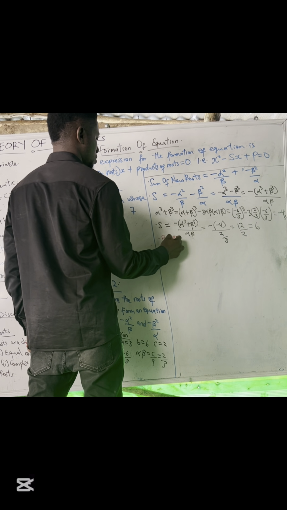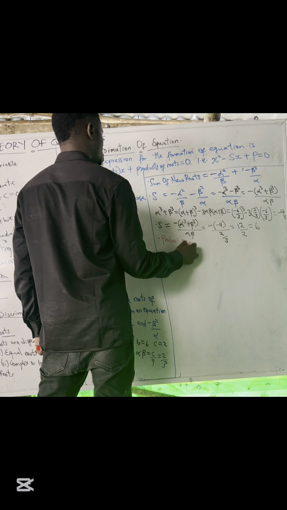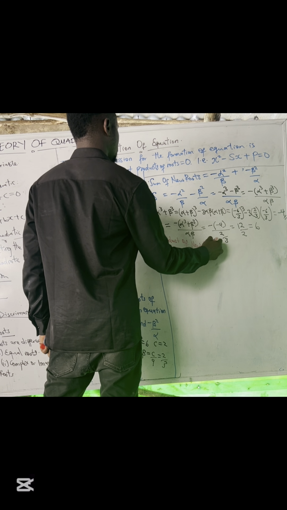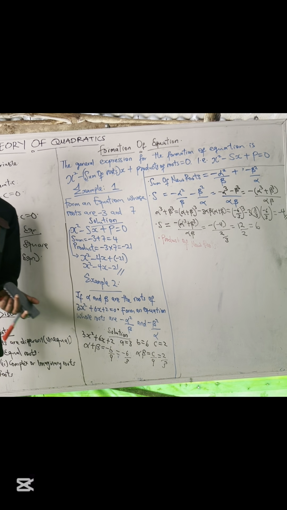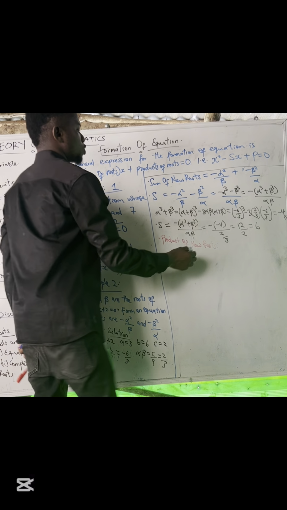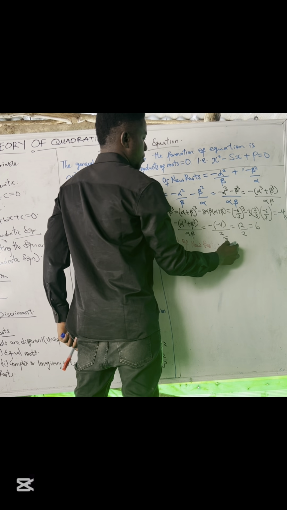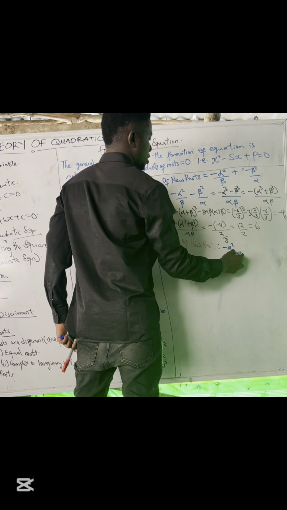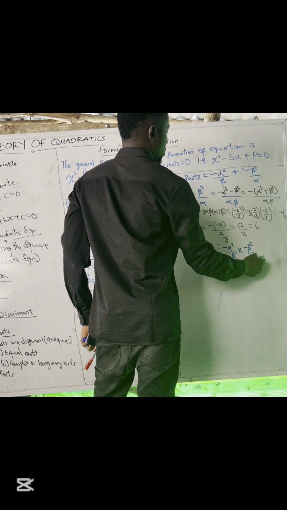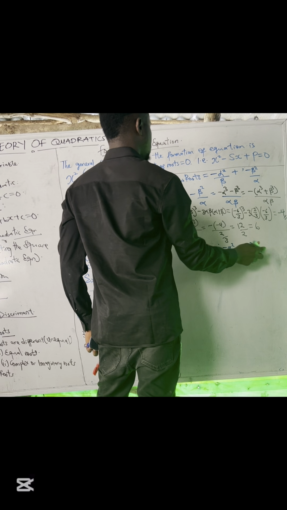Product of new roots. Now, guys, for the product of new roots, we are going to be looking for the multiplication of the new roots. So this will be minus alpha square over beta multiplied by minus beta square over alpha. Minus times minus is plus.